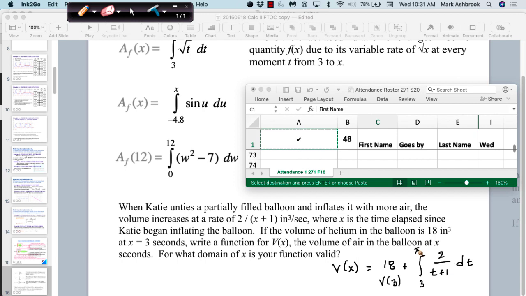So this is the volume accumulation function. All the accumulation up to 3, or 18 inches cubed, plus the bit by bit accumulation of volume starting at 3, which is our integral accumulation function.